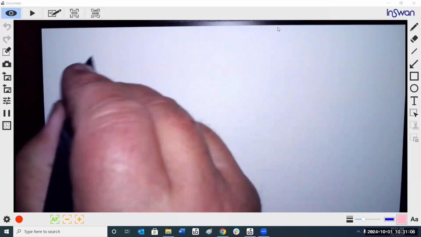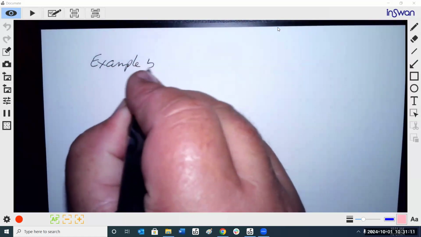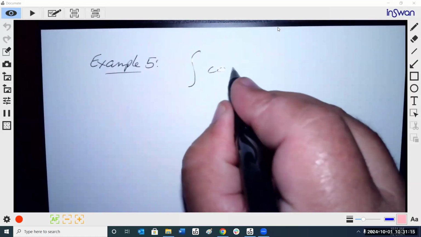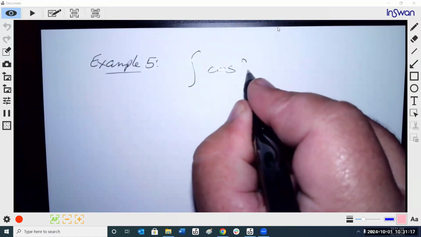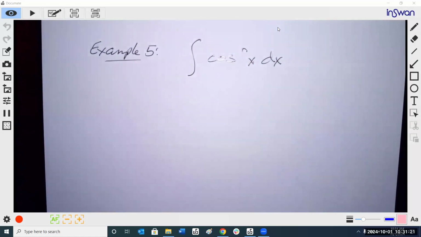The next example: what if we had an exponent in our function? What if we had that?